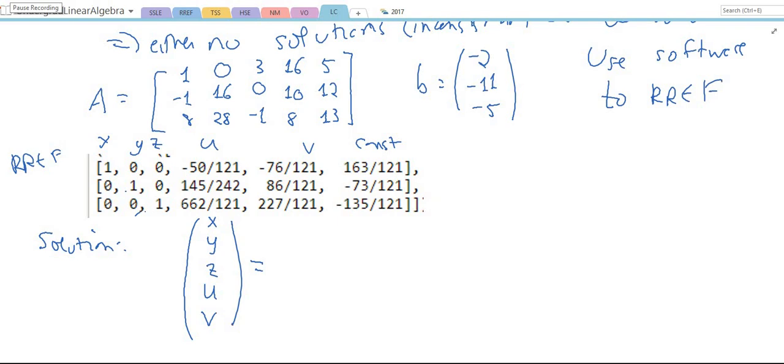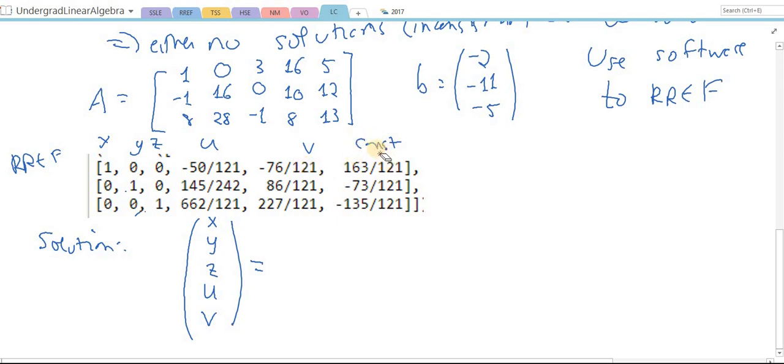So let me look at these equations one by one. Remember that these columns correspond to different variables. All right, so let's look at the first equation here. This first equation is telling me that x plus minus 50 over 121u plus minus 76 over 121v is equal to 163 over 121.